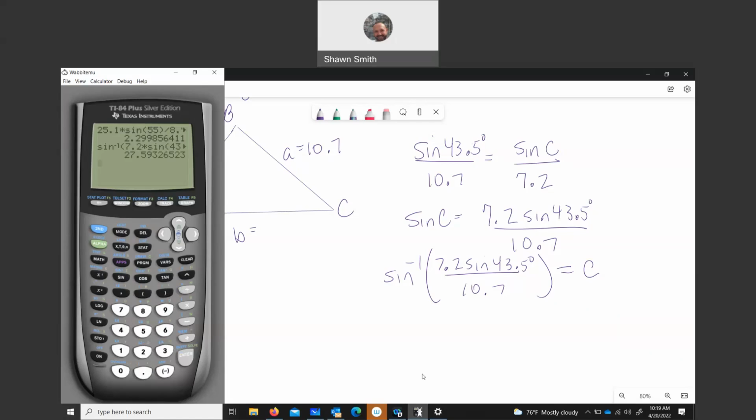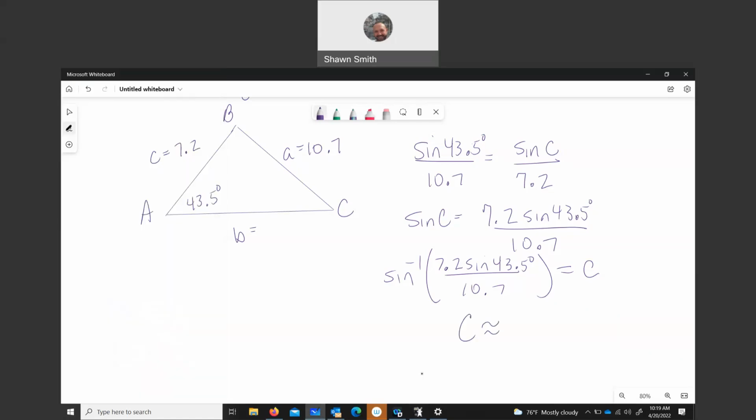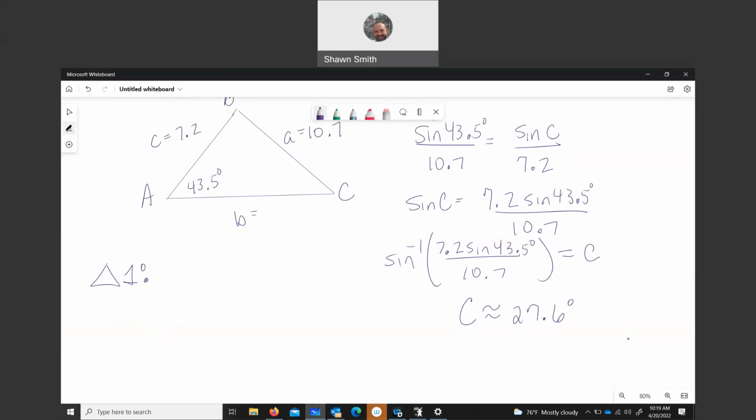All right, so we got a 27.6 degree angle. All right, so triangle one. So I have angle A is 43.5 degrees, angle B, and angle C we just found to be 27.6.